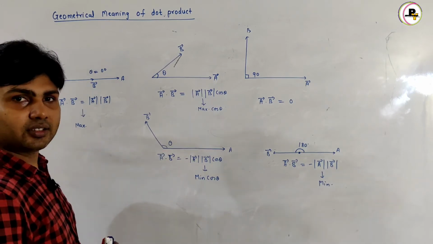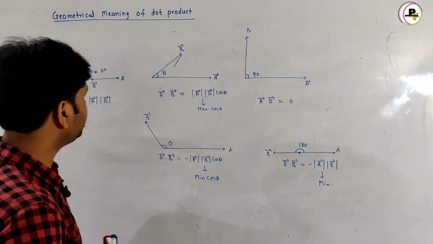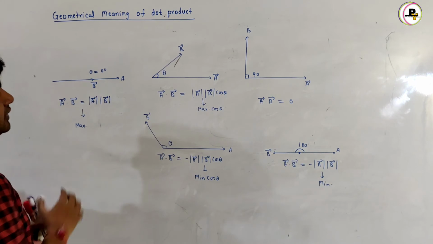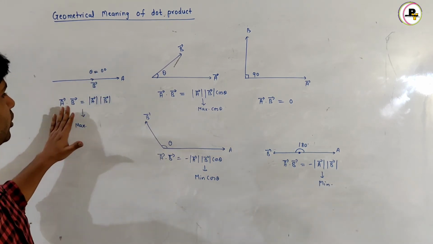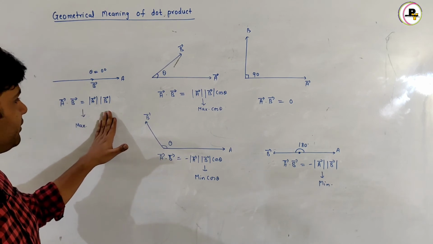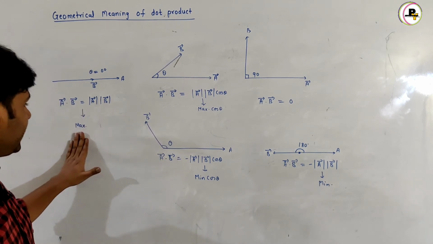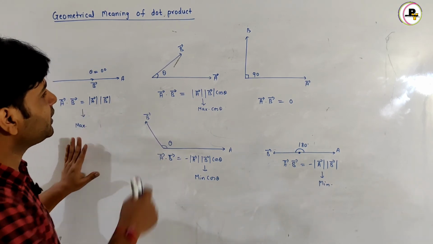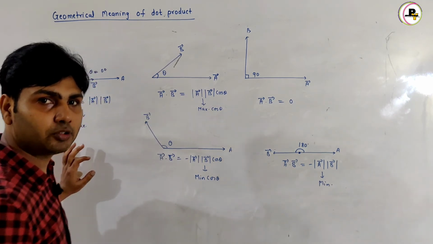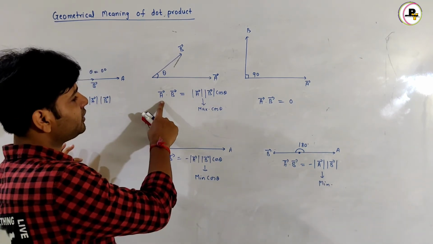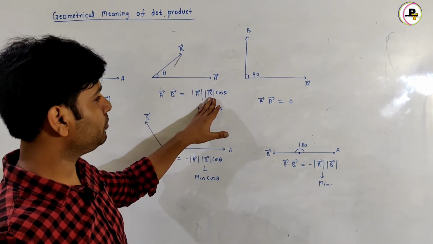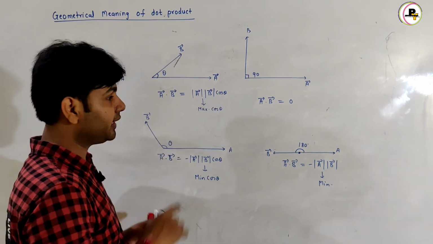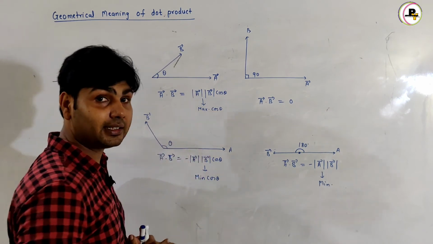So if I discuss all 5 cases simultaneously, then what I see, if two vectors are taken in the same direction, that is theta is equal to 0, then A vector dot B vector is equal to mod of A vector into mod of B vector, and we get the maximum value. If I take theta equals to acute angle, then A vector dot B vector is equal to mod of A vector into mod of B vector into cos theta, that is I get maximum value into cos theta.